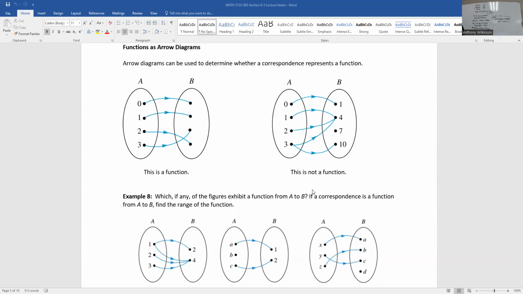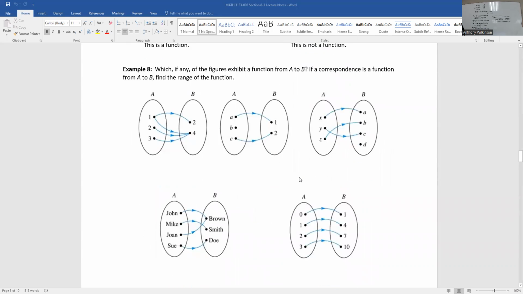All right, now let's look at this example here. Example 8. Looking at each one of those, we want to determine which, if any, of the figures exhibit a function from A to B. And if a correspondence is a function from A to B, we want to find the range of that function.